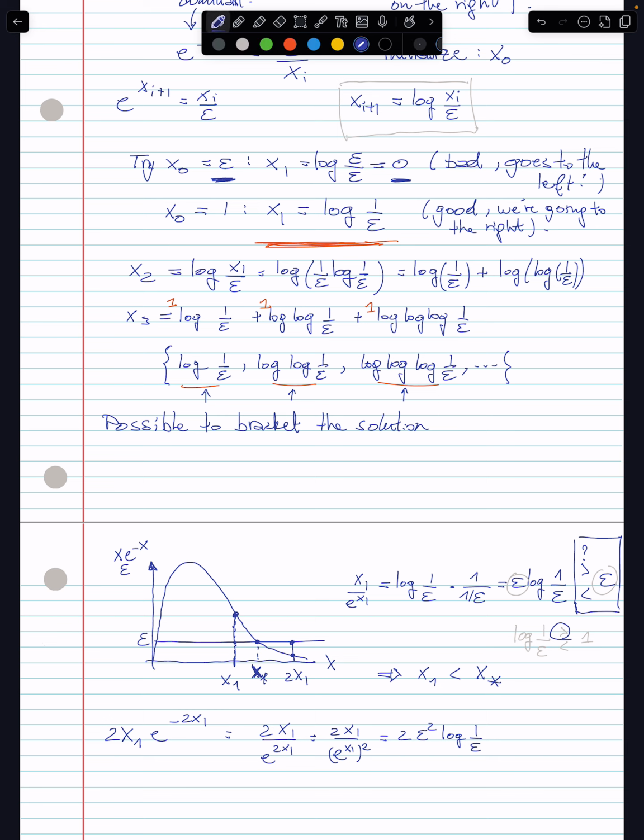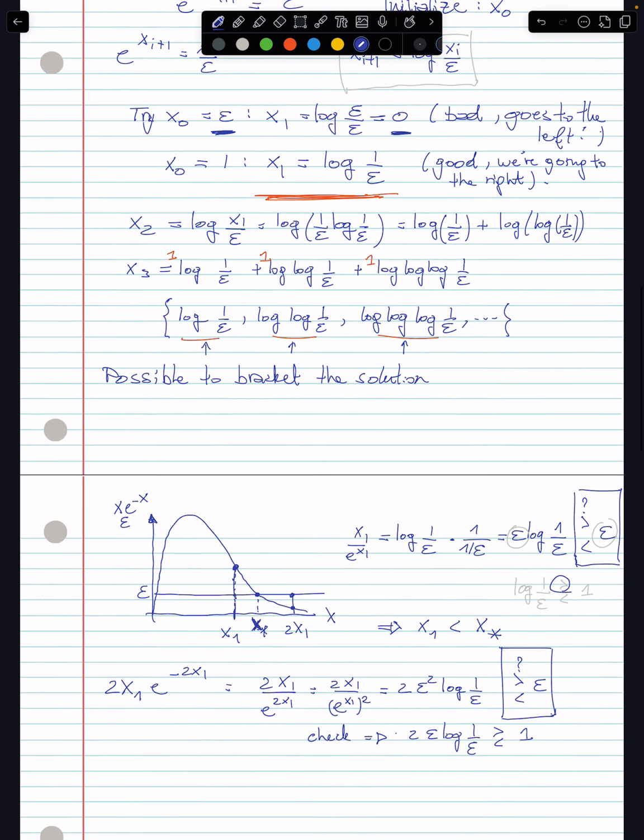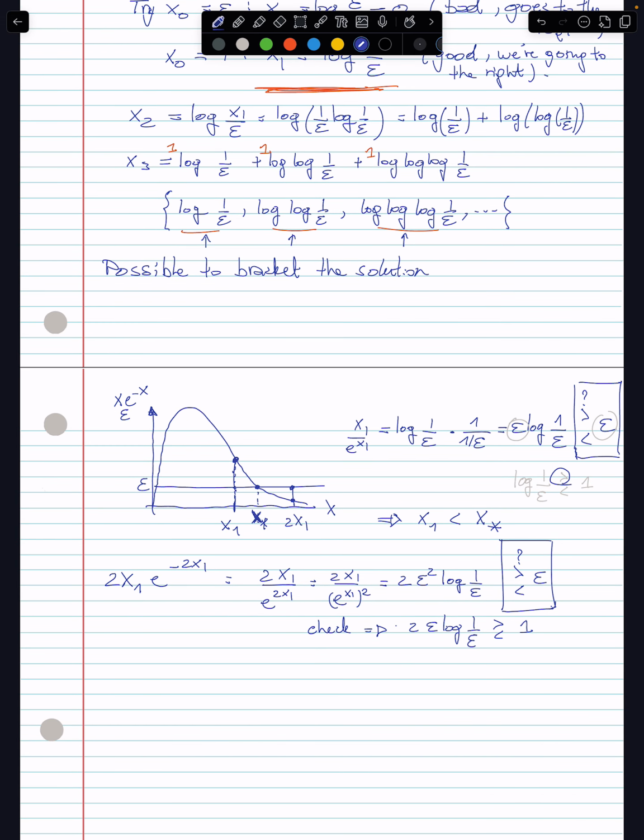All right, and what we need to do now is to assess whether this is larger or smaller compared to epsilon. So this comes down to checking whether twice epsilon times the log of 1 over epsilon is larger or smaller than 1. All right, and what do we have here?